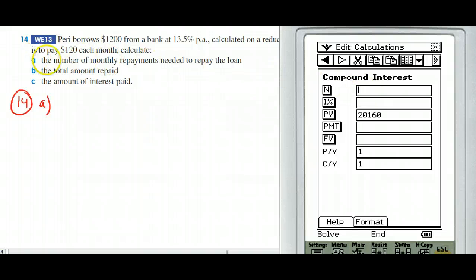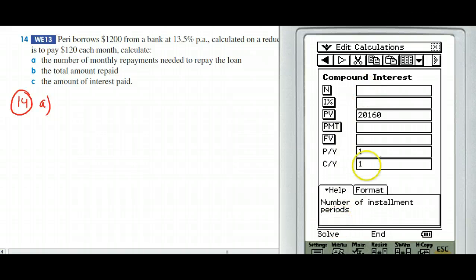Okay, so we're first trying to work out the number of monthly repayments. So that's the first box here that we're going to try and work out. We don't know that. We're going to leave it. We can put in the interest rate, 13.5. We've borrowed $1,200, and we're going to make some payments of $120 a month. So make sure you put a negative in front of those payments. The future value is going to be 0 because we're going to pay it all back. And if we're making monthly payments, these two boxes are both 12.